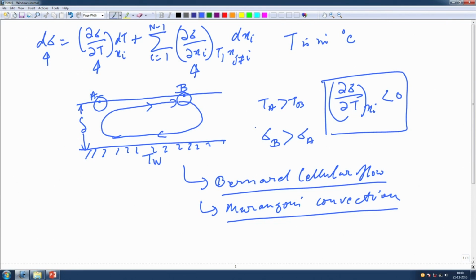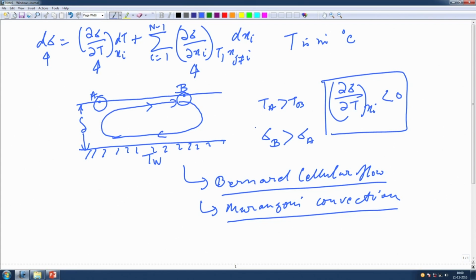Because there is a spatial gradient in surface tension which is created due to a spatial gradient in temperature, or a spatial gradient in the individual components, we get a recirculating flow. In this case it is a recirculating flow, and it is called basically the Marangoni convection.